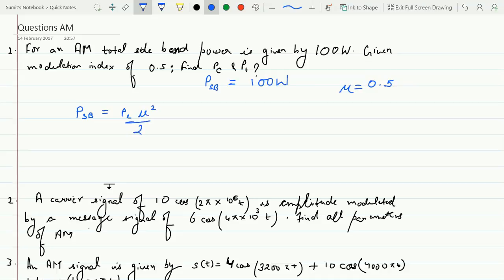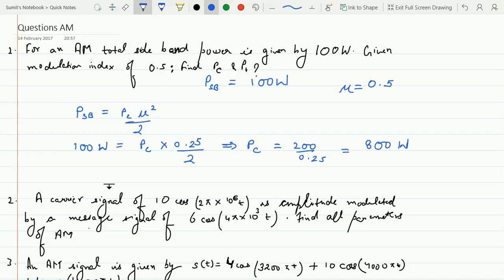Substituting these values, 100 equals PC times 0.25 by 2. So your PC comes out to be 200 divided by 0.25, that is 800 watt.